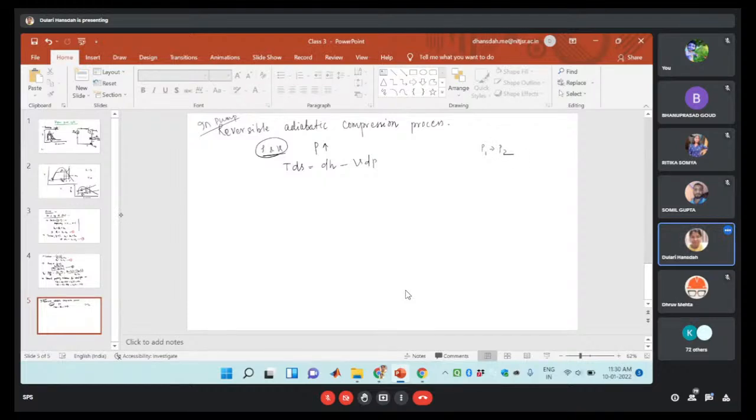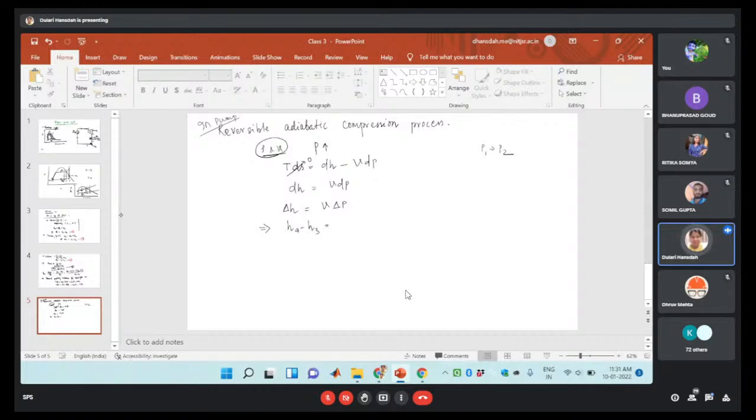If we write the pressure change and the enthalpy change and the specific volume, it is a reversible adiabatic compression process, so the TdS term becomes zero. This means dH equals VdP. Since the specific volume change is negligible, this can be written as delta H equals V delta P. Delta H in case of the pump is H4 minus H3.